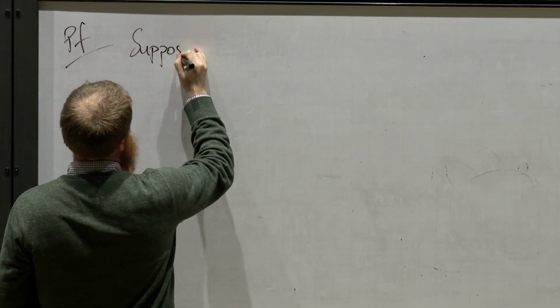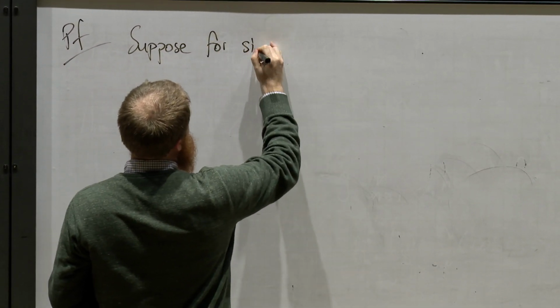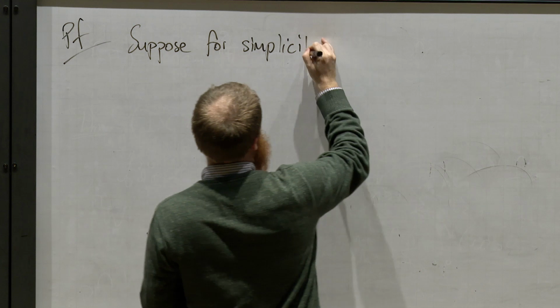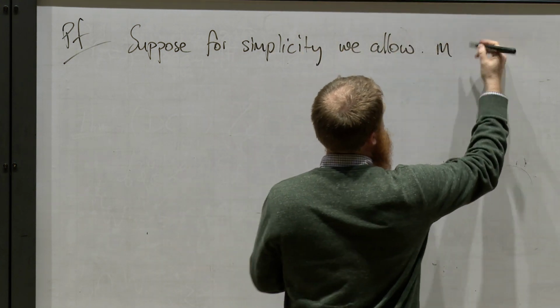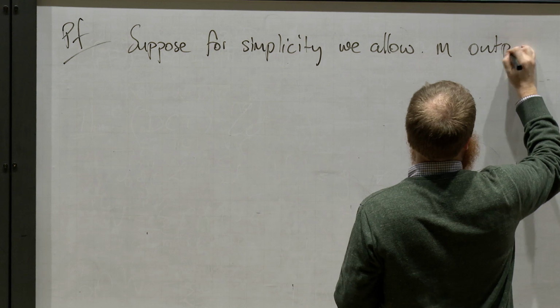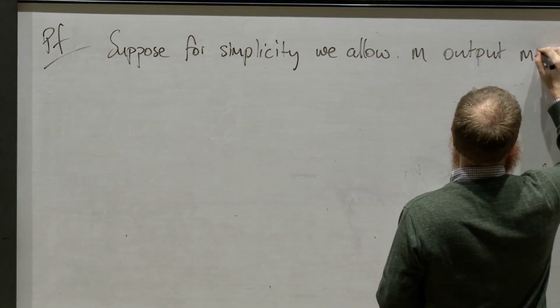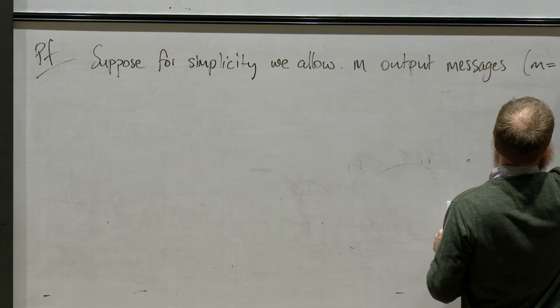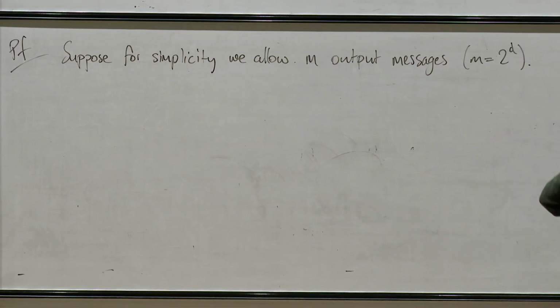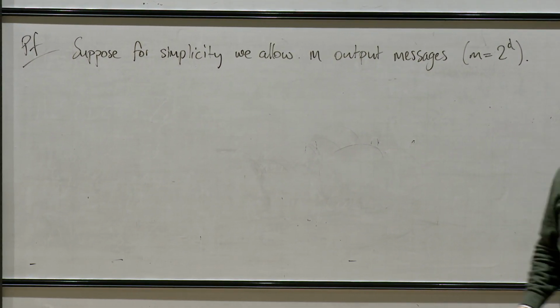Suppose, for simplicity, we allow m output messages. M is equal to 2 to the d. It just saves me writing 2 to the d everywhere.